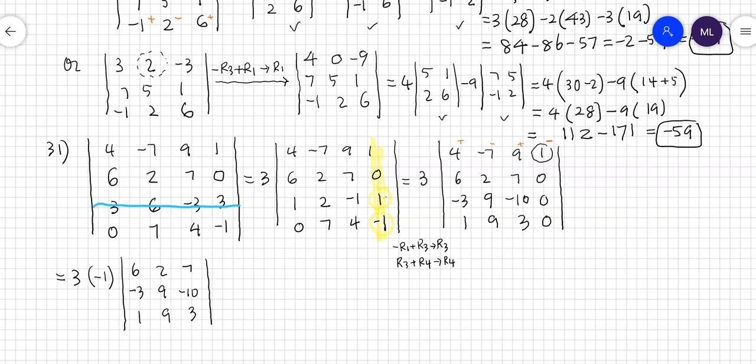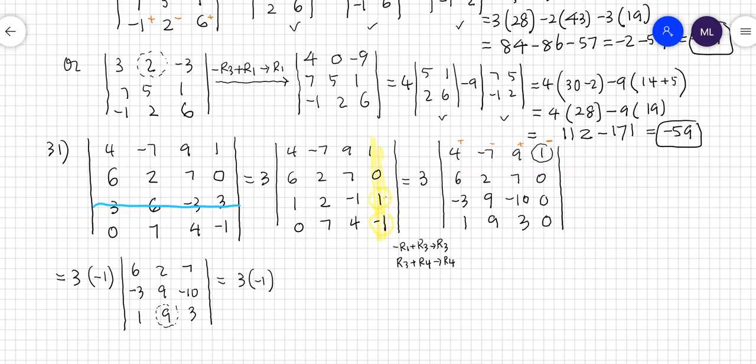Okay, so now you can go ahead and do 3 by 3, but if you want to make it simpler, if you want to make at least one of them 0, I can make this guy 0. Is that right? By multiplying negative 1 to R2 and adding to R3. So this equals 3 times negative 1.